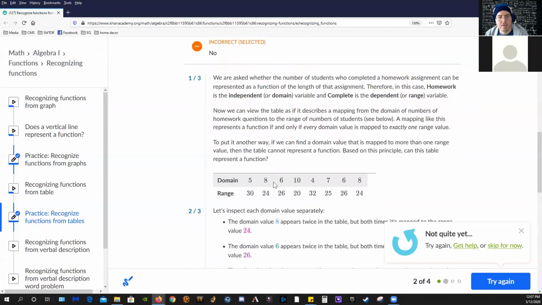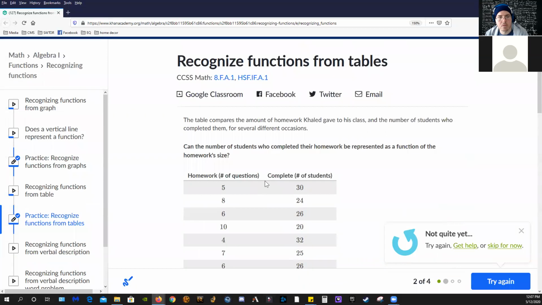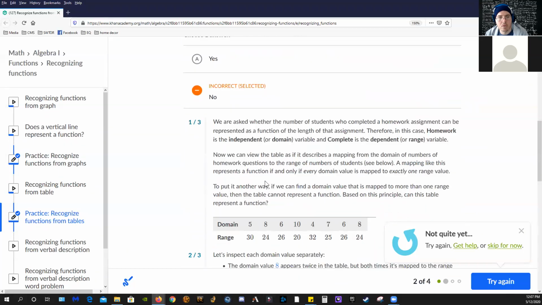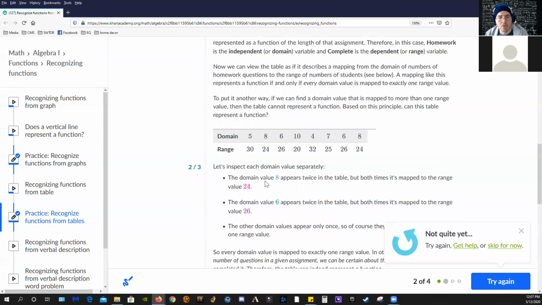They agreed with me that the domain was... Oh, okay.